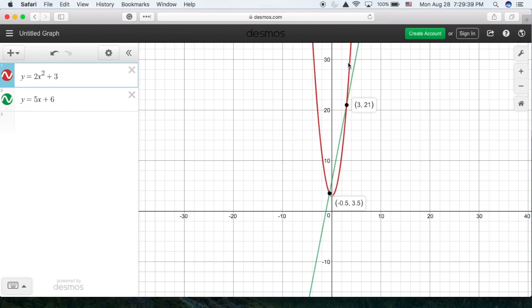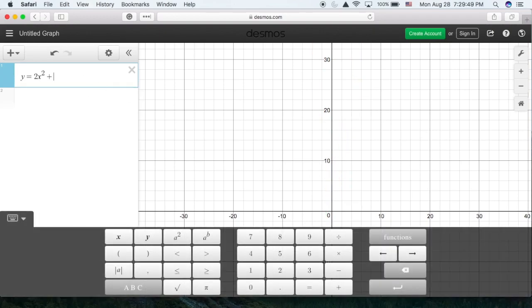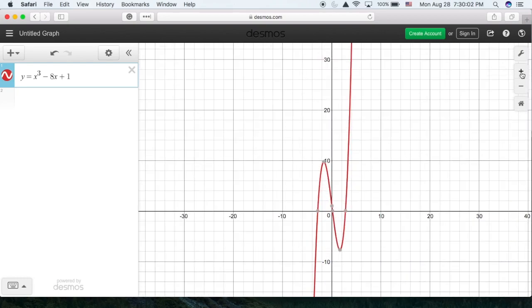Other things that we're going to talk about are going to be increasing and decreasing functions. So let me get a different example here. So we'll say the graph is increasing, looking at things going from left to right, if the graph is going up.